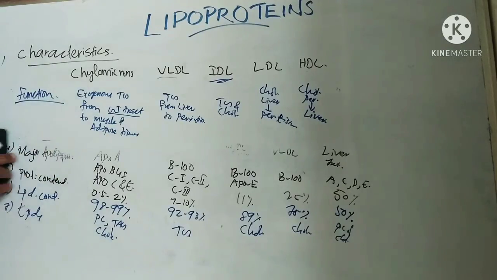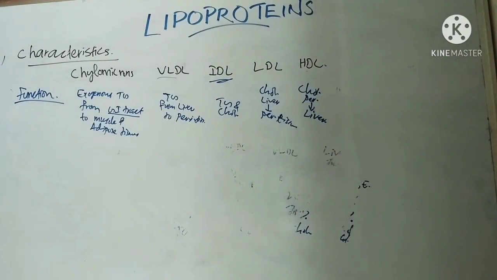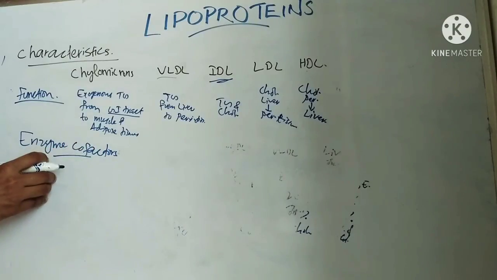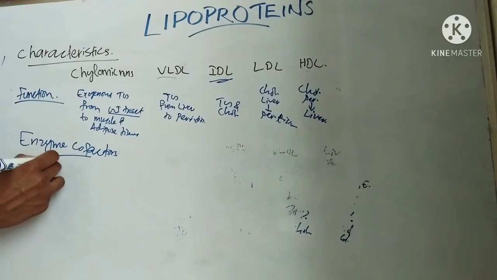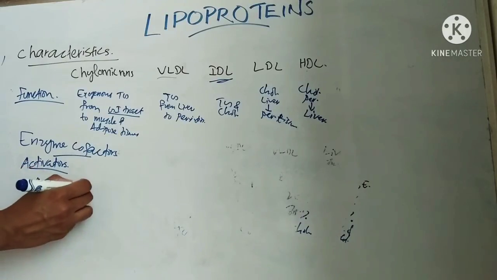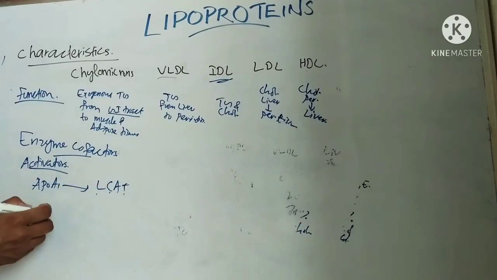Then another function of these lipoproteins is that they are enzyme cofactors and can act as activator or inhibitor of the enzyme. For example, activators: ApoA1 activates LCAT, that is lecithin cholesterol acyltransferase enzyme.